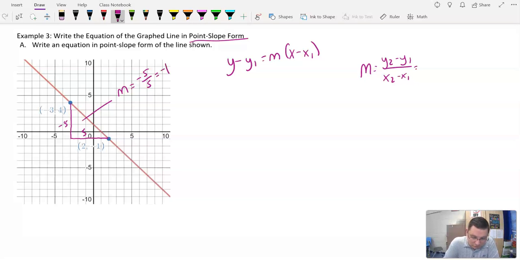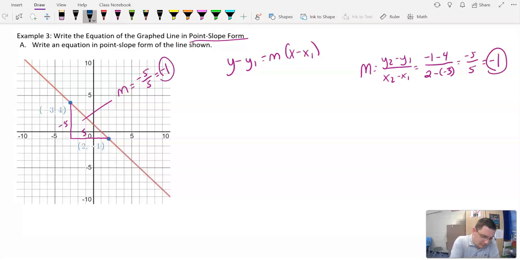And if we do the slope formula, we'll also see that be the case, because we can do the negative 1 minus 4 over the 2 minus negative 3, and that gives us negative 5 over 5, which is, again, negative 1.